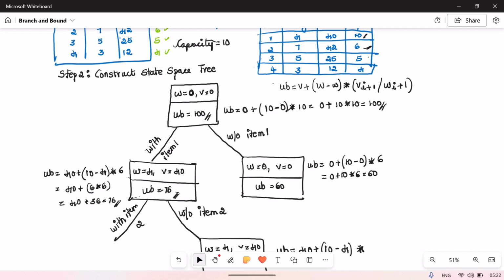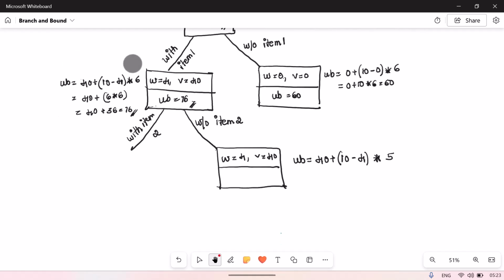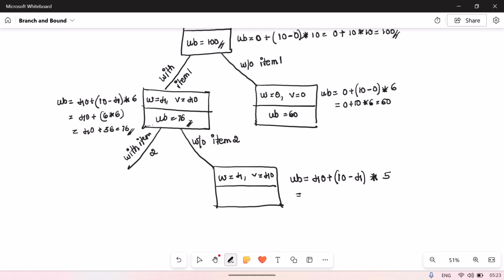So next ratio is this one, this 5 value. So this will become 5. So it will be 40 plus 6 times 5. So 40 plus 30, which is equal to 70. So upper bound is 70.